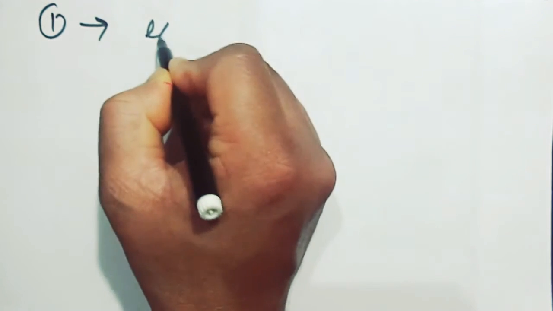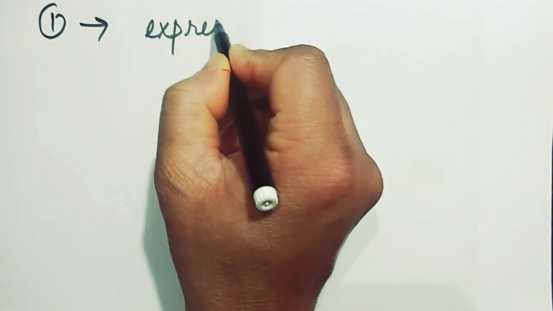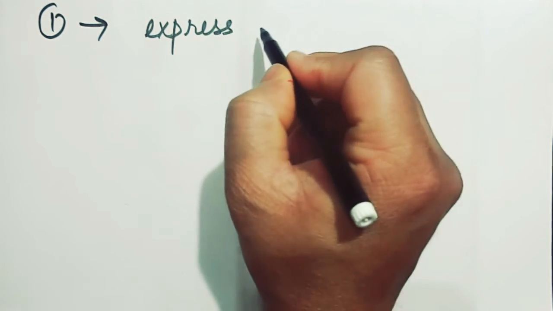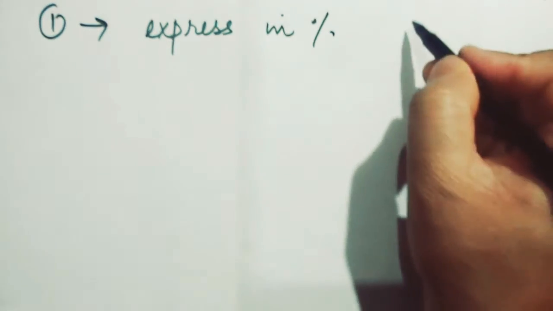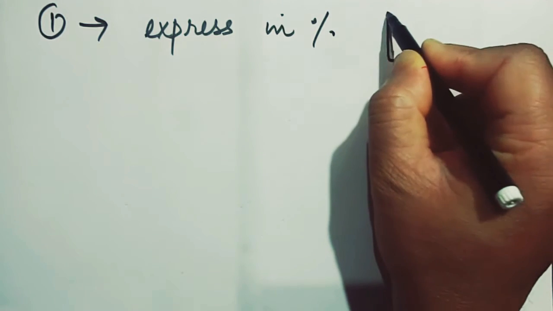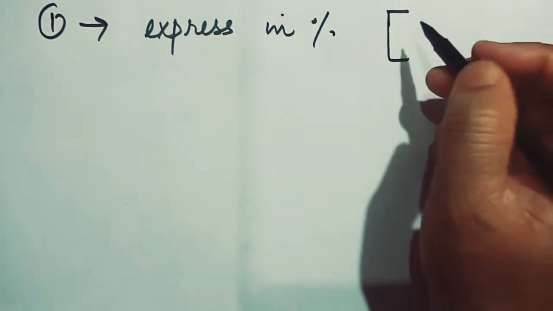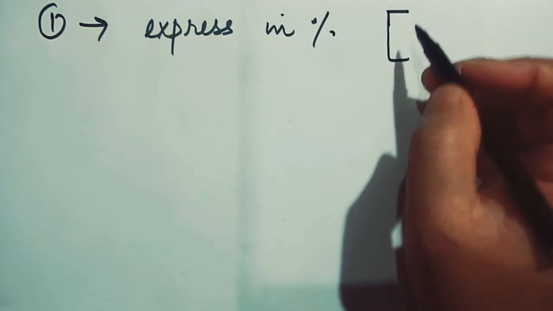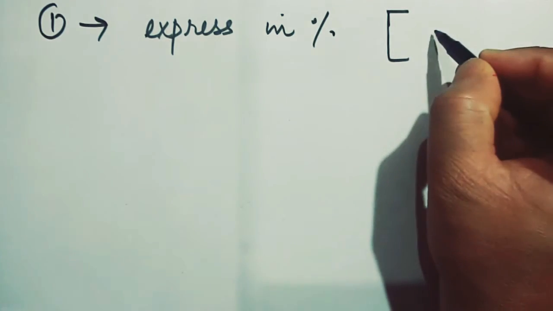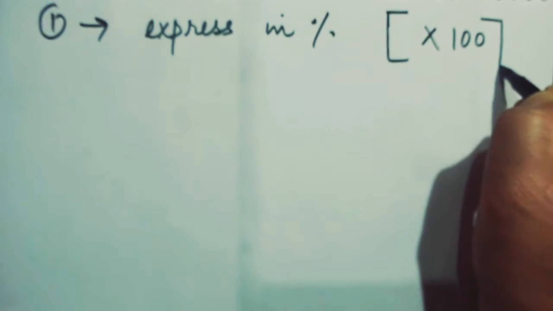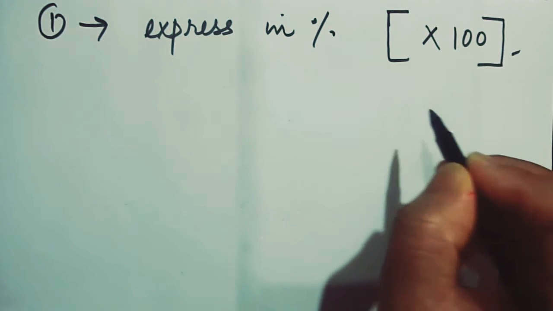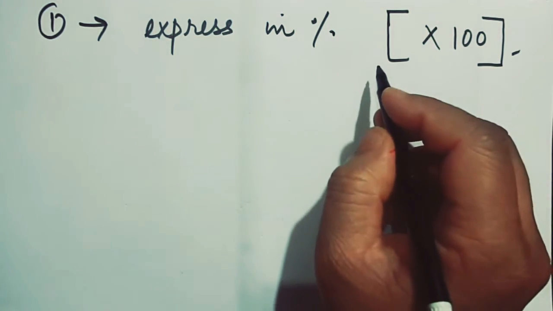Means express in percentage. So what did I teach you right now? I had taught you that if you need to find a value in percentage, just multiply by 100, and you will get your value in percentage.